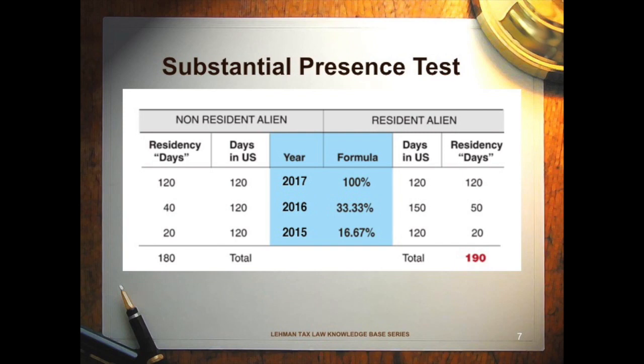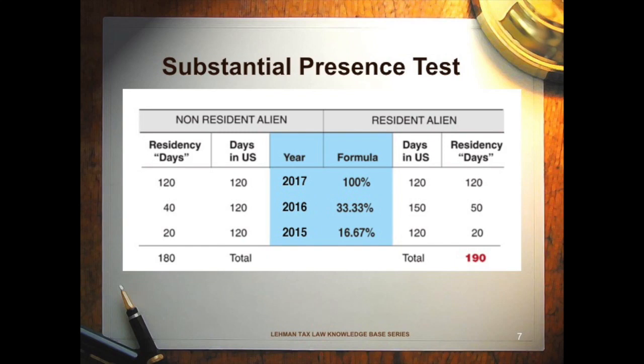look at the year in question. So if we have somebody and we're trying to determine whether they're a taxpayer in the year 2017 because they've been here a certain time period, we have a formula for this.